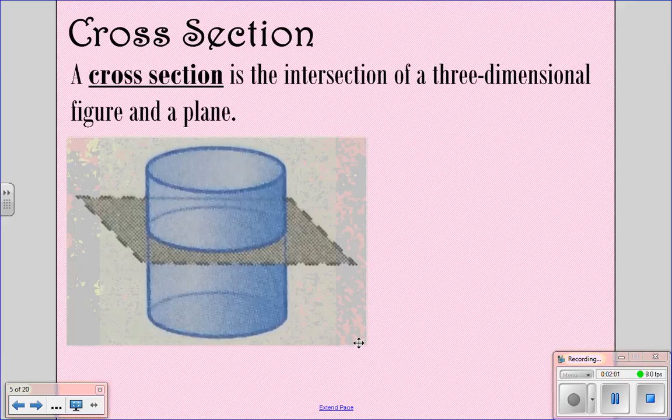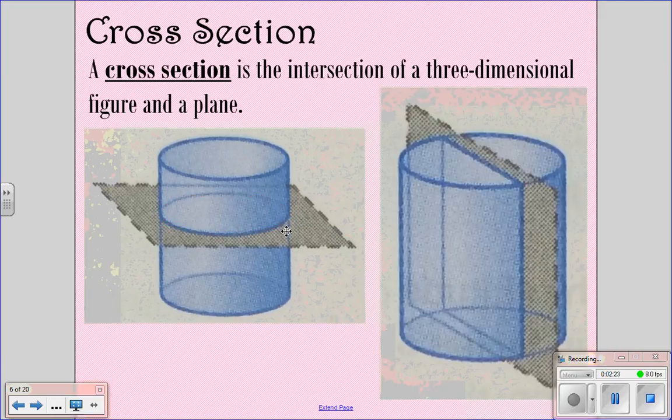So if you look here, we have a cylinder, and then we have a plane. Do y'all see where they intersect? They intersect here. And so the intersection of this would be a circle. Okay, so that is what a cross section looks like. Now, if we turned it the other direction, we've got the intersection right here.